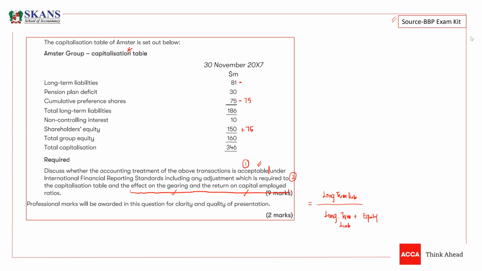What is next, guys? The next is return on capital employed, which is PBIT, profit before interest and tax, divided by equity plus long-term liabilities. So you need to tell them the effect on both ratios.